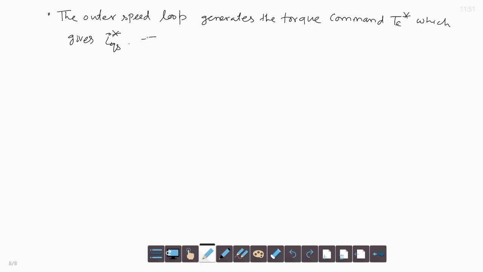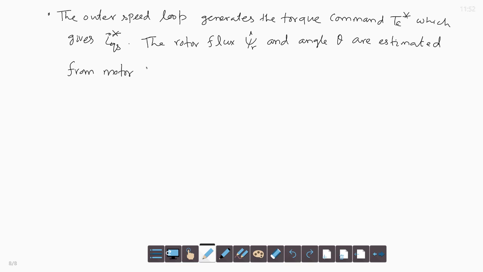The rotor flux psi r hat and angle theta are estimated from motor currents and speed using the current model, which we have discussed earlier, voltage model and current model.